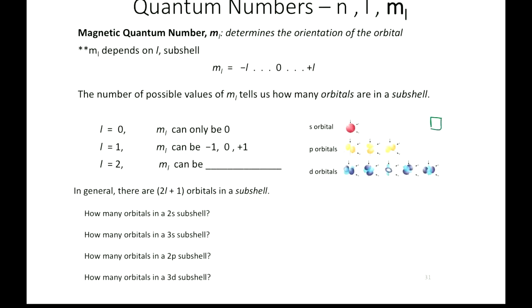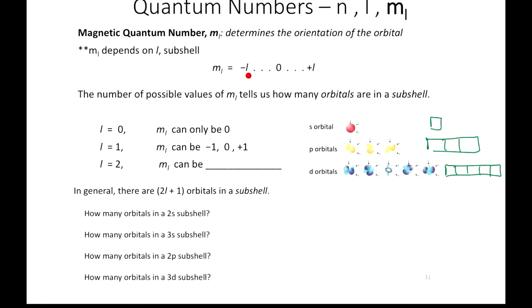If you look at any p subshell on an energy level diagram, how many boxes do you think there'll be? 3, yeah, because there are 3 different orientations. D orbitals have how many different orientations? 5. So you'll see 5 boxes for d orbitals. You'll see how this comes together, and this relates to the possible MLs that we can have.